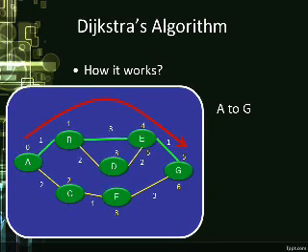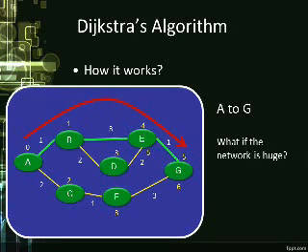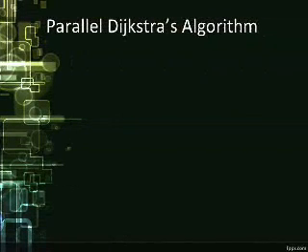So what happens when the network gets bigger? Well, with this serial Dijkstra algorithm, it will take very long for a node to find its shortest path to a destination. This is one of the ways to perform parallel Dijkstra algorithm.